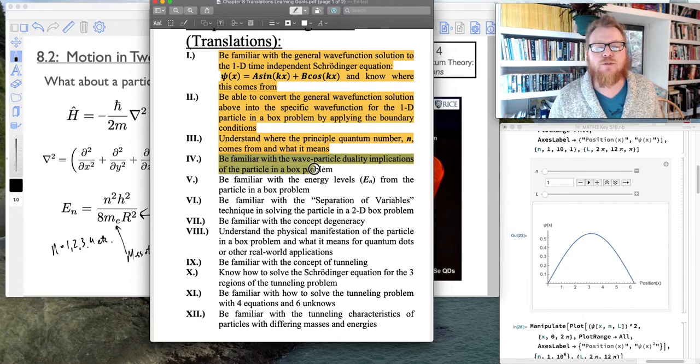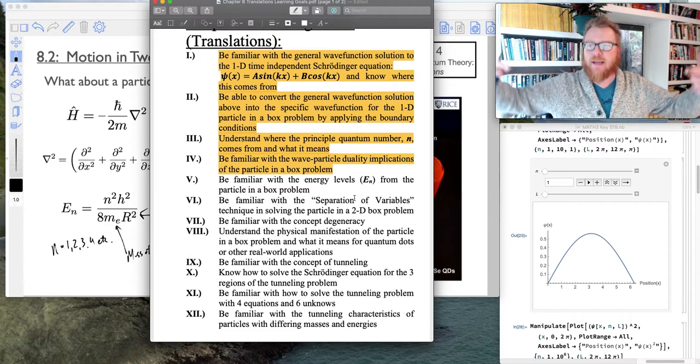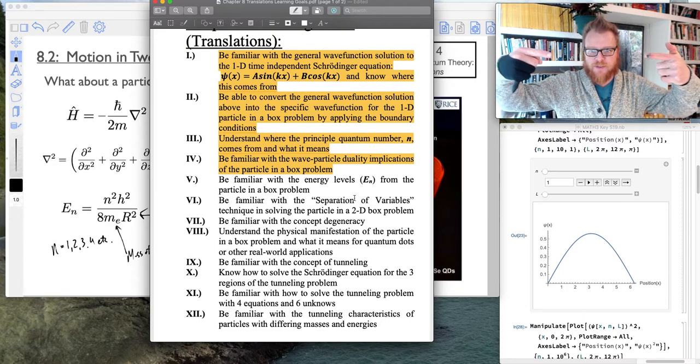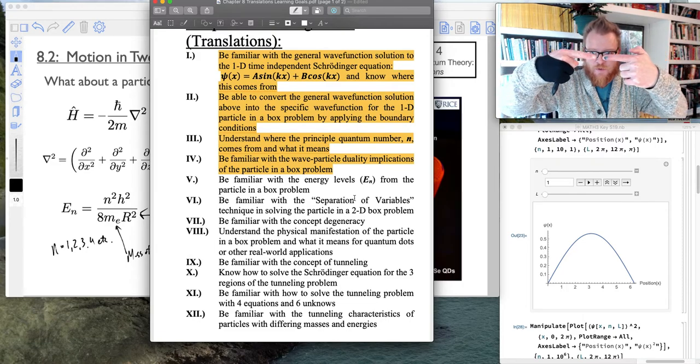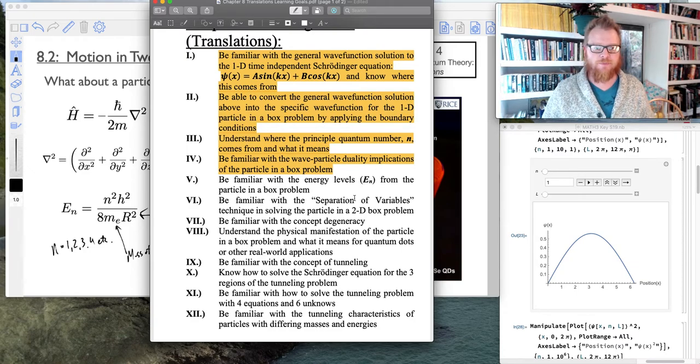So that kind of comes from talking about how the expectation value of momentum is 0 for the particle in the box. And that's because it's a superposition of left-moving and right-moving particles establishing its position right in the middle of the box. So be familiar with energy levels. So that's kind of related to that level n that we were just talking about, okay? How those establish as, they go up by the square.